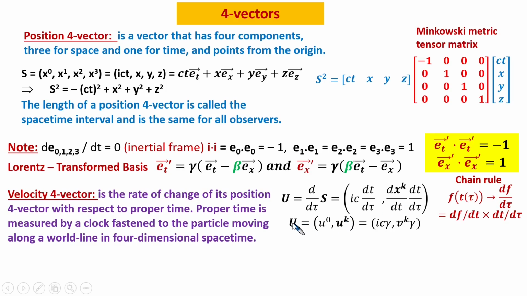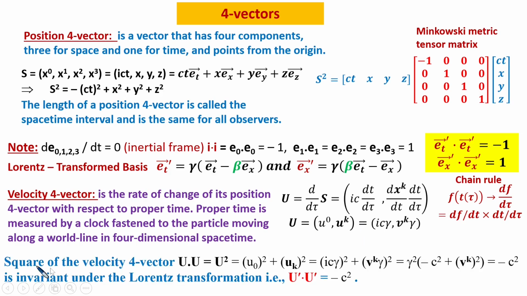This velocity 4 vector is very similar to s squared, which is invariant in any frame. Here also this will be invariant. So u dot u is u0 squared plus uk squared. Because u0 has an i, i squared is minus one, so this negative is taken care of; because of this minus minus it becomes plus here.